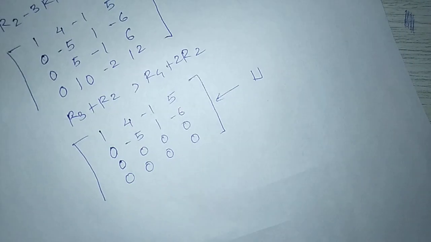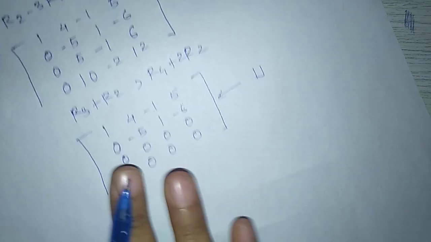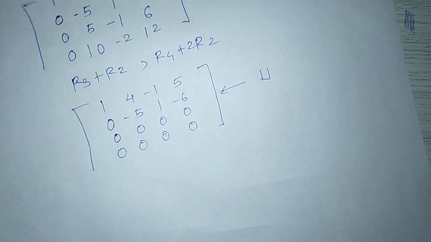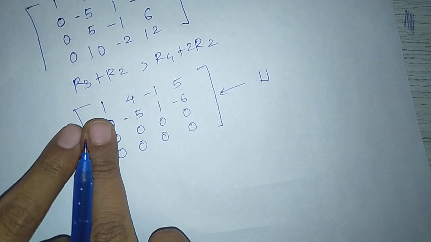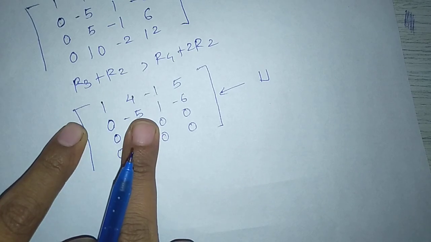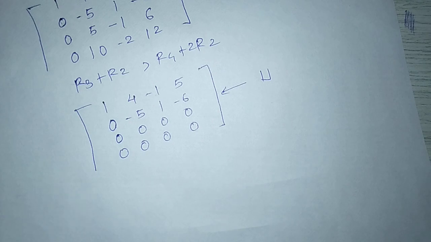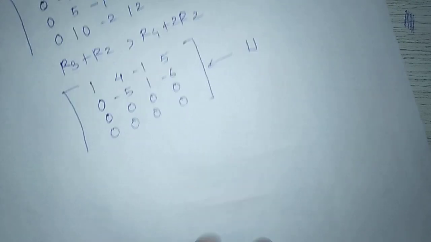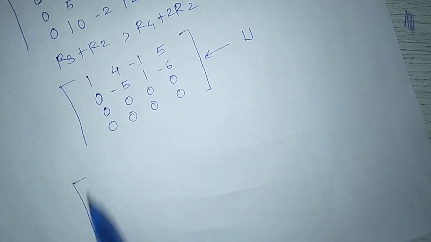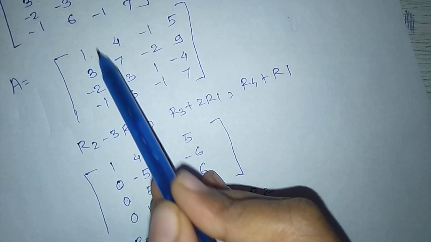Now to find the lower triangular matrix, first observe the pivot entries. The first pivot entry is 1, the second pivot entry is minus 5. There are only 2 pivot entries in U, and their corresponding columns are the pivot columns. The first pivot entry is 1, which means the first pivot column is 1, 3, minus 2, minus 1.